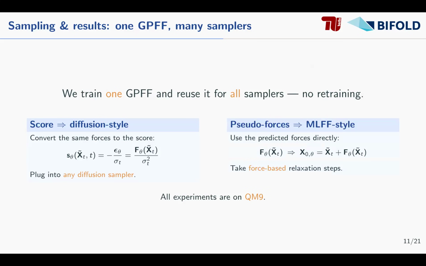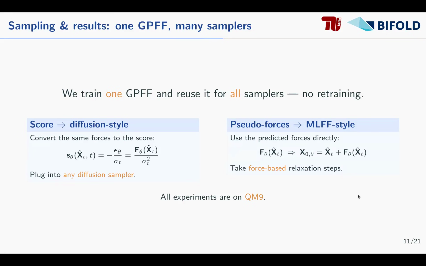And then on the other hand, we can also use the pseudo-forces and sample in machine learning force field style and just follow the forces towards the local minima, just as in standard machine learning force fields. But there's one difference, and this difference is that our pseudo-forces are so simple, they just learn the displacement between noisy and not noisy.